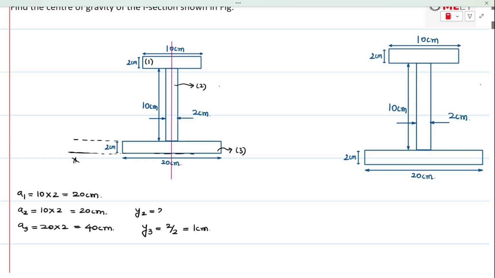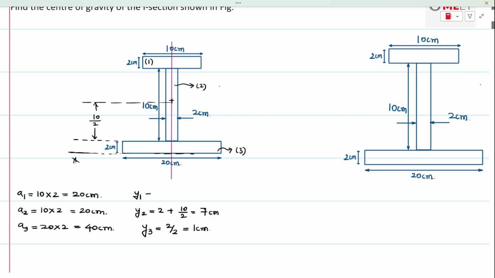So this 2 centimeters needs to be added, and the centroid will be lying at a distance of 10 by 2, an additional distance of 5 centimeters. So that is 2 plus 10 by 2, which is equal to 7 centimeters.